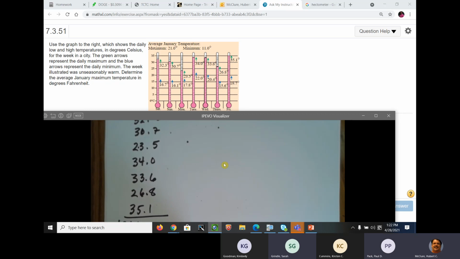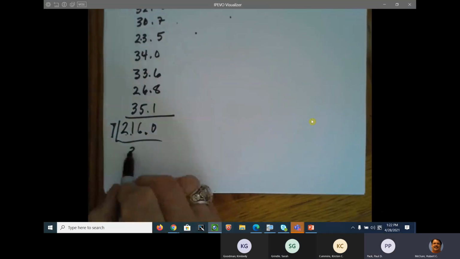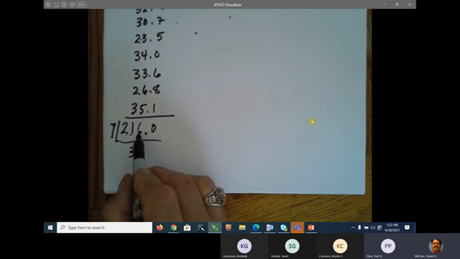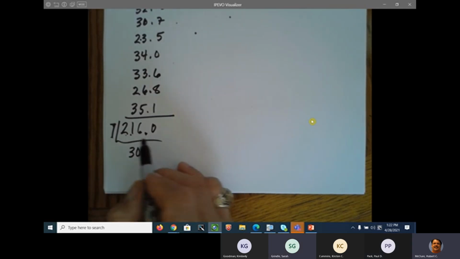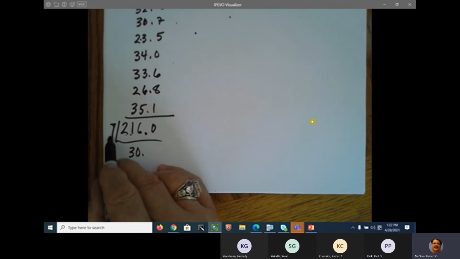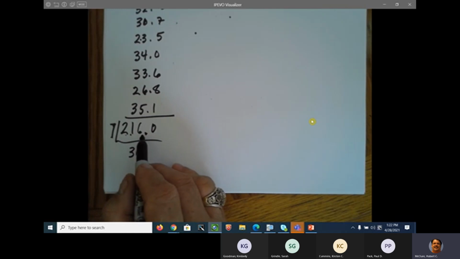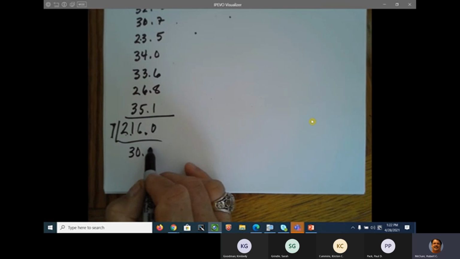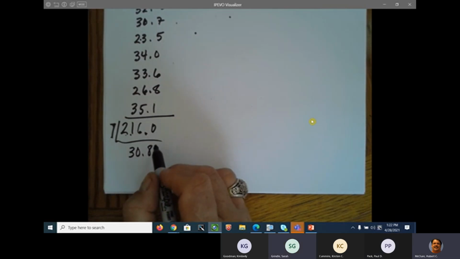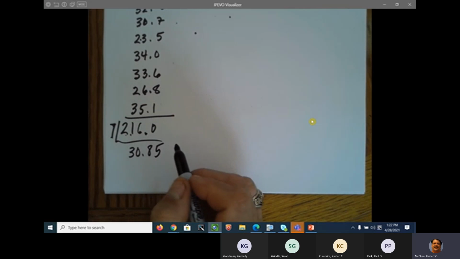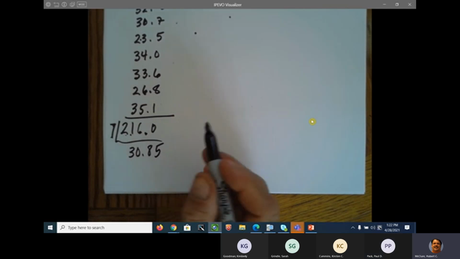7 will go into 21 3 times. 7 will not go into 6. That'll leave 60. 7 will go into 60, 7 times 8, 56. Yes. And that'll leave 40. 5. That'll leave, okay, I don't know.